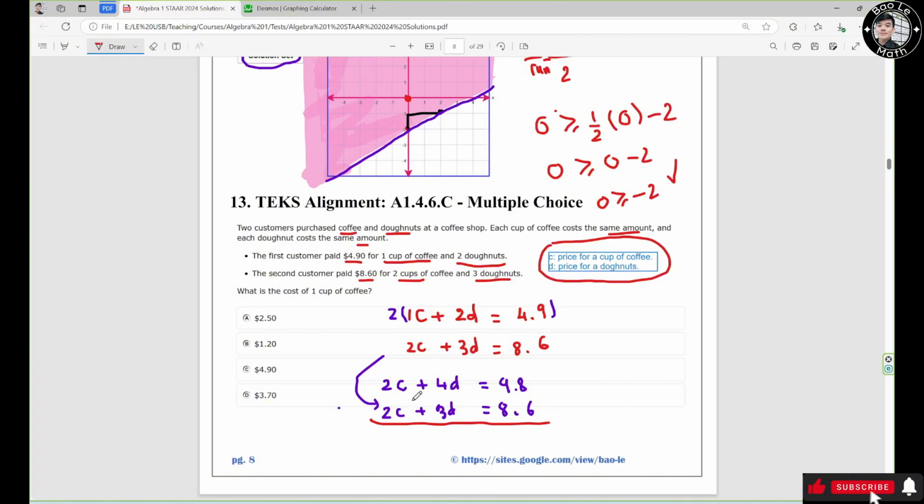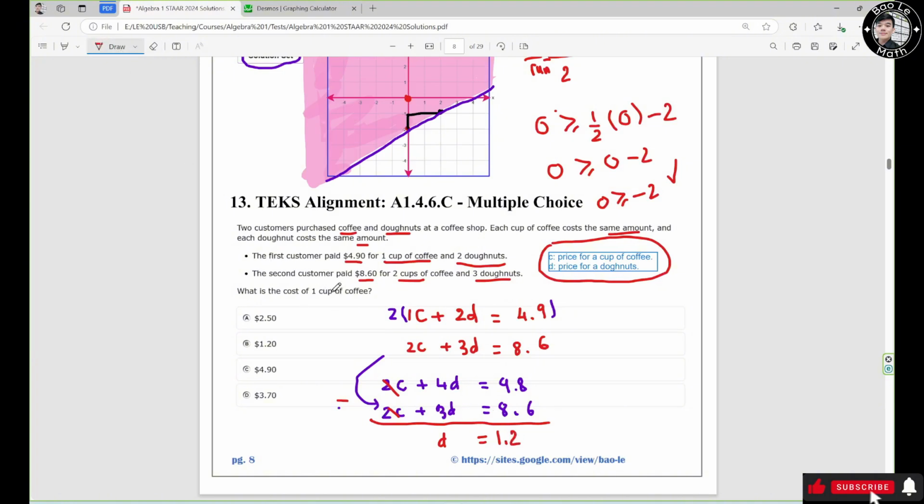I'm going to subtract the two equations vertically. So 2C subtract 2C cancel out. 4D subtract 3D is going to be 1D. Now 9.8 subtract 8.6 is going to be 1.2. So the price for a donut is going to be $1.2.